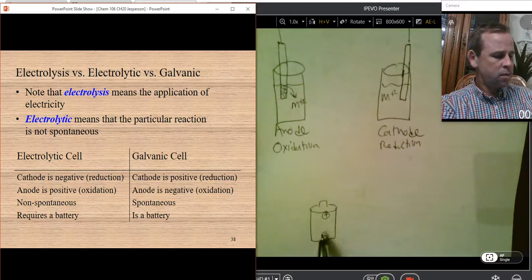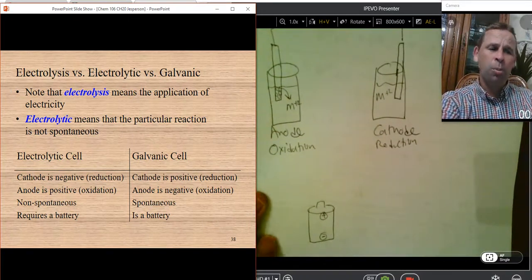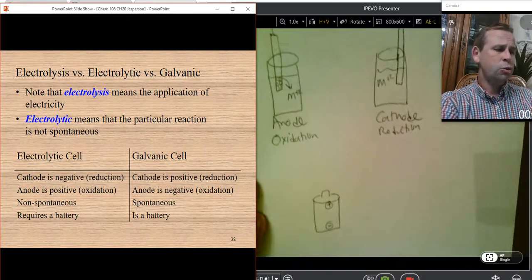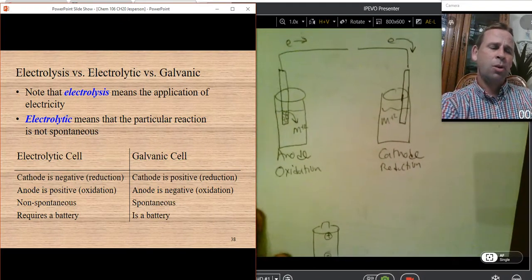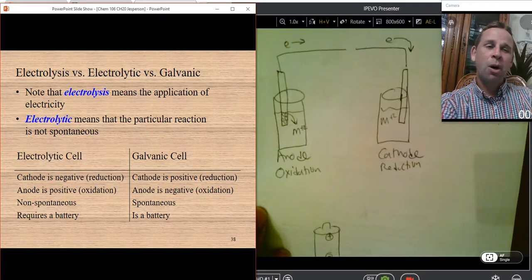The reason why this cell configuration, and again, this was just a couple people who got together and said, hey, we'll call one positive and one negative. They were trying to talk about where electrons were going to be moving, and think about the charges on these electrodes.